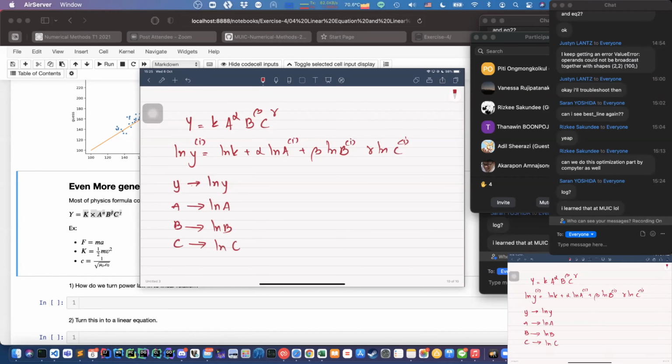You turn it into a log of data. Therefore, you're really done, because your new data is a log transform of the raw data, which means it's going to be linear in log space.